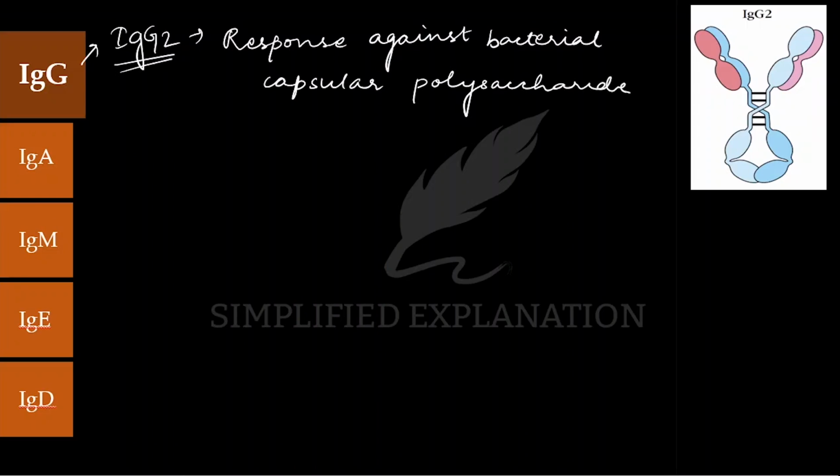That means this type of antibody responds against carbohydrate molecules. They will recognize antigens which have carbohydrate or polysaccharides on their surface. And we can see it has a short hinge region with disulfide bonds, which makes it less flexible also, right? So it is limited in its ability to activate the effector response.